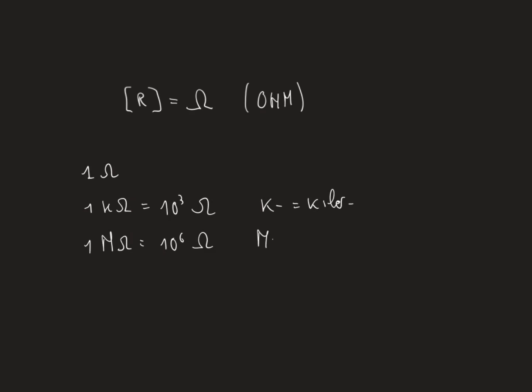The prefix M is for mega, to 1 giga ohm, which is 10 to the 9 ohm. The prefix G stands for giga.